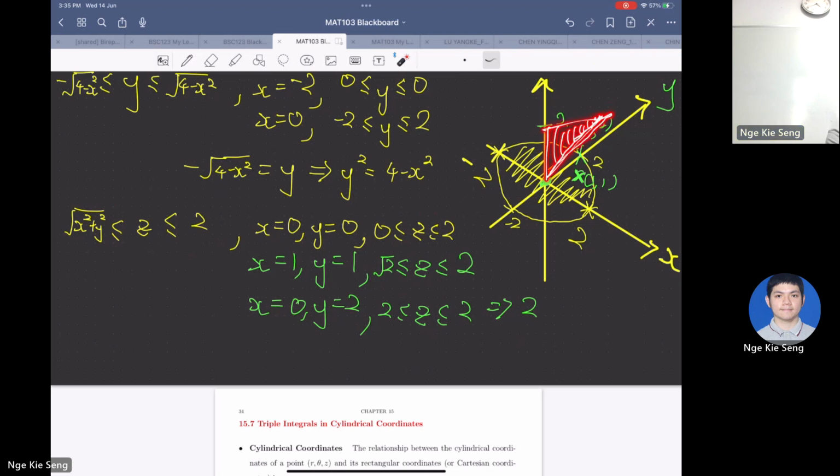Not a sphere. What's that? Ball. But we have a sharp end here. So it's a cone. We have a cone here actually.